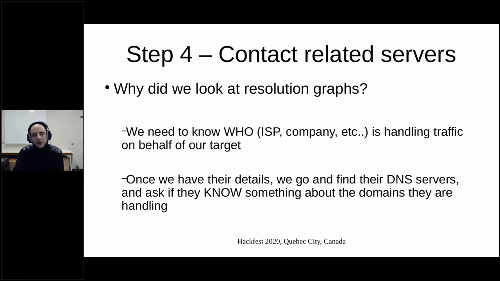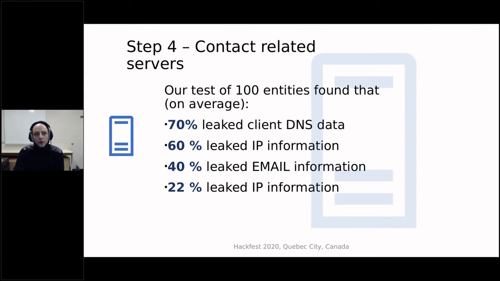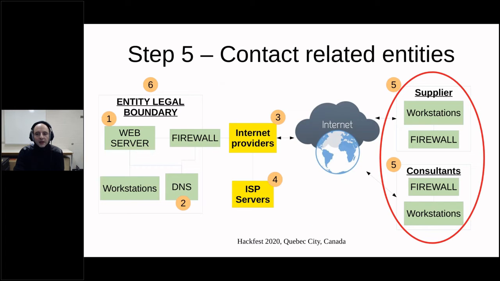Once we have this information, we repeat the process: now that we know the interconnectivity and the related servers, we link all the pieces together. Connecting the elements from the 100 entities that we selected randomly, 70% leak DNS, 60% leak IP, 40% leak email, and 22% leak internal IP information.